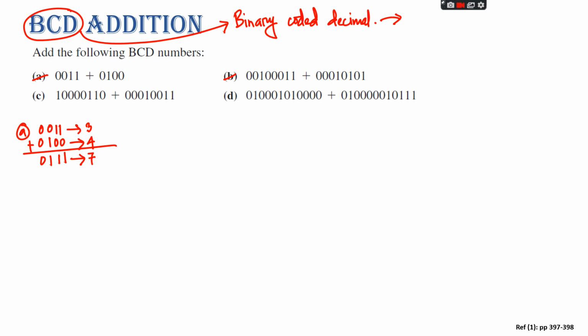Yes, sir. So in BCD addition, if you do the binary addition, you will get the BCD addition once the sum is less than 9. If the sum is less than 9, you just do the normal binary addition, and you will get the BCD addition. But the problem arises when the sum goes above 9.